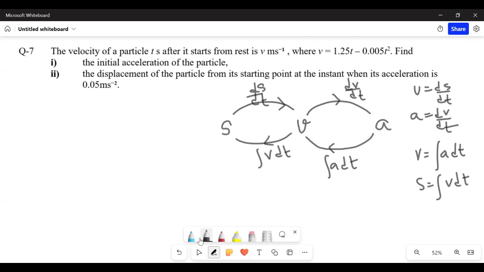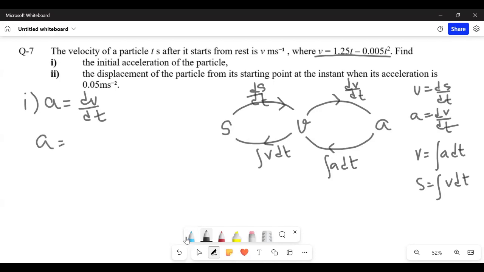The velocity of particle t seconds after it starts from rest is v, where v is equals to this. Find initial acceleration of this particle. Initial acceleration के लिए हमें acceleration का expression चाहिए पहले तो. It's going to be a equals dv/dt.